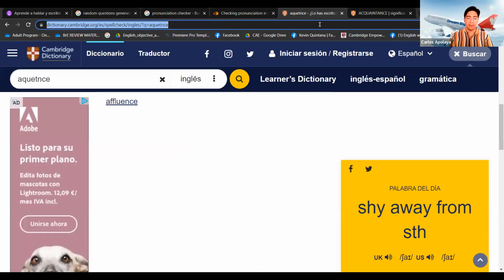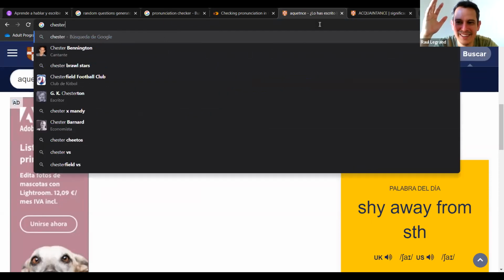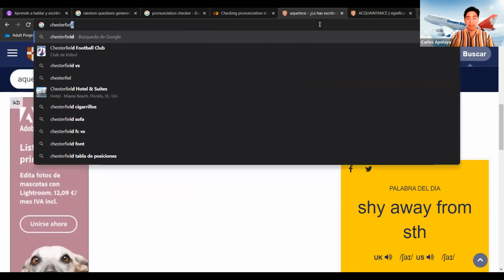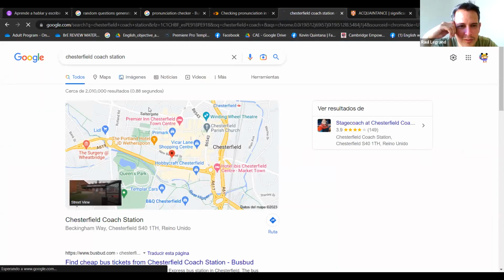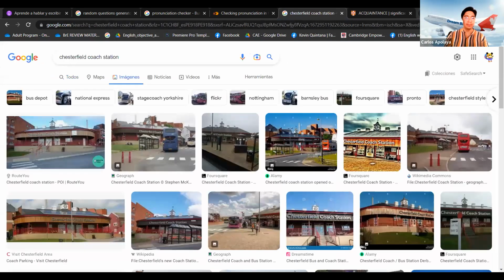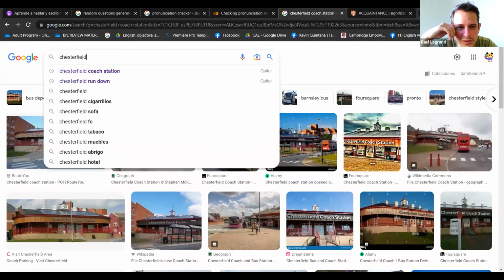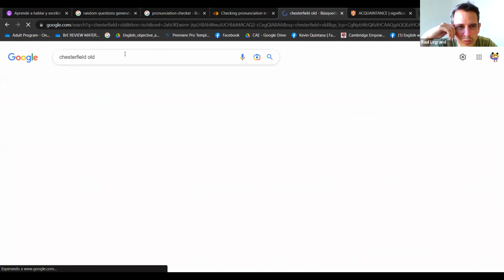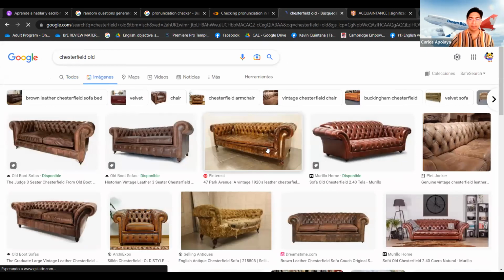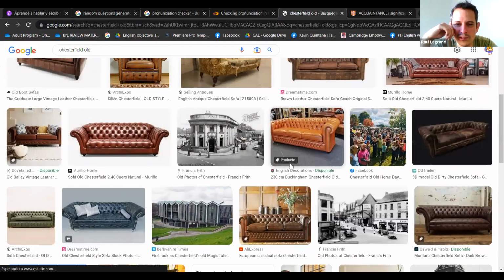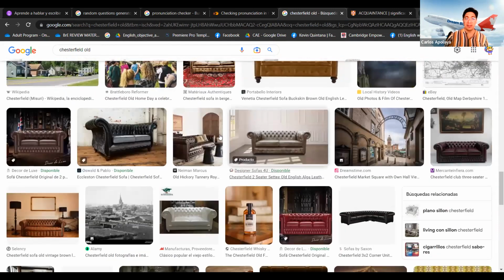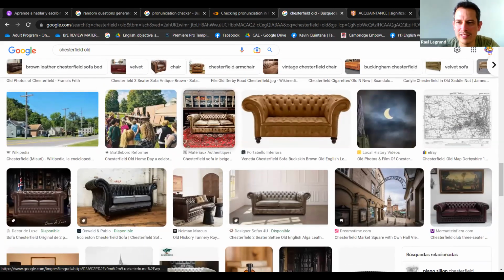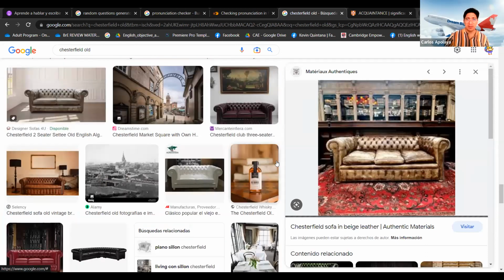Chesterfield couch stations. Old. Some of them have floral patterns. Yes, it's very, very old.